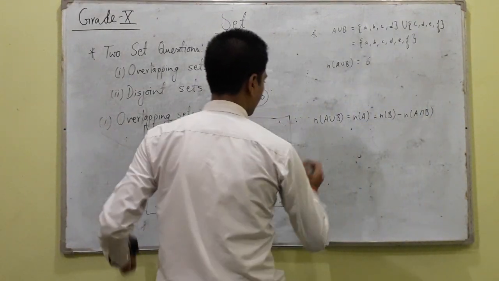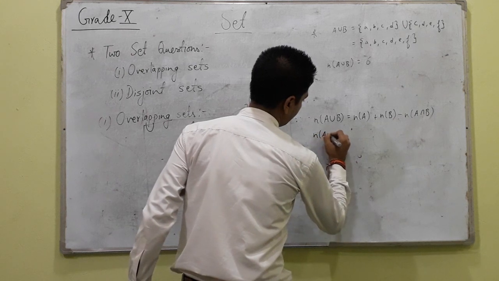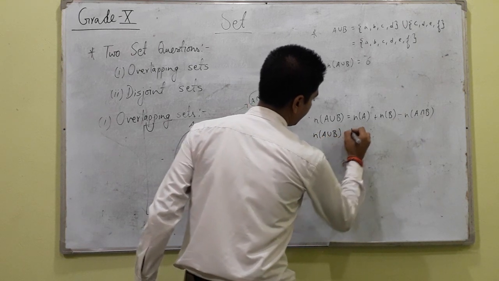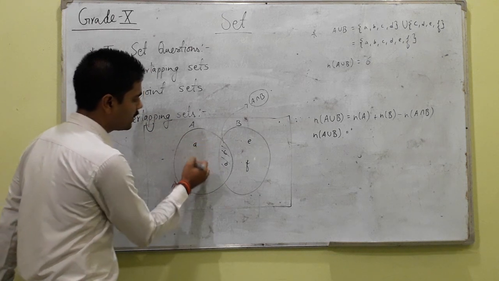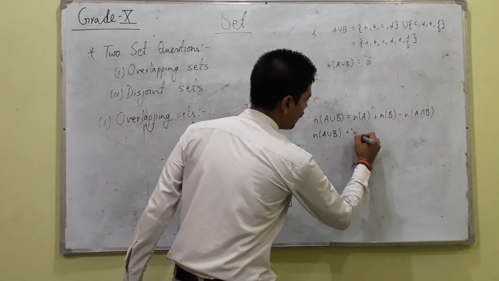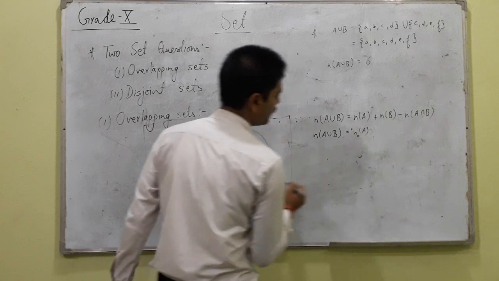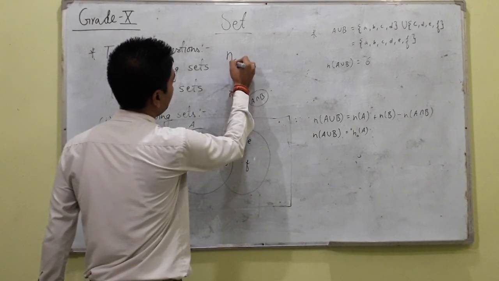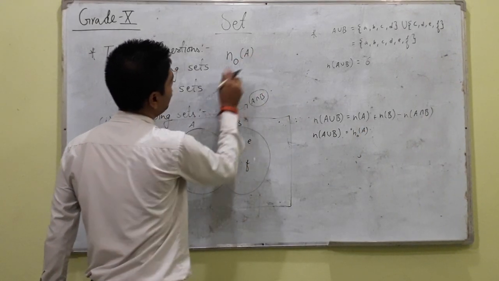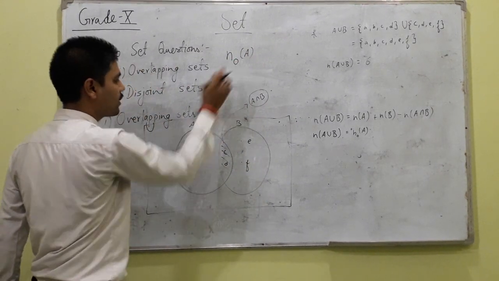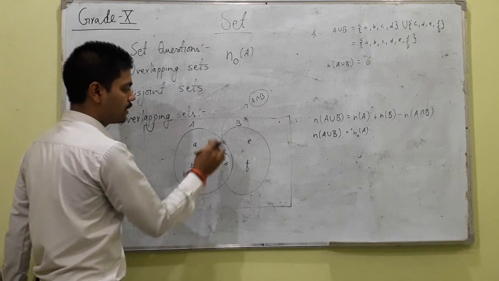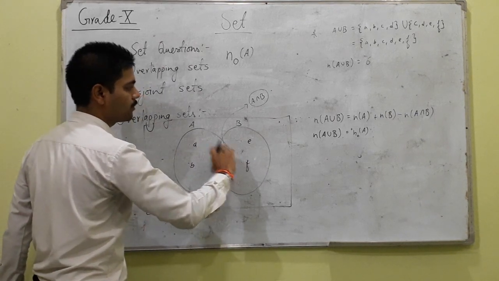But there is another formula as well to be utilized here. If only the number of elements present in A is given, then you can write n only A. This means these are the only elements of A. They don't belong to the intersection.